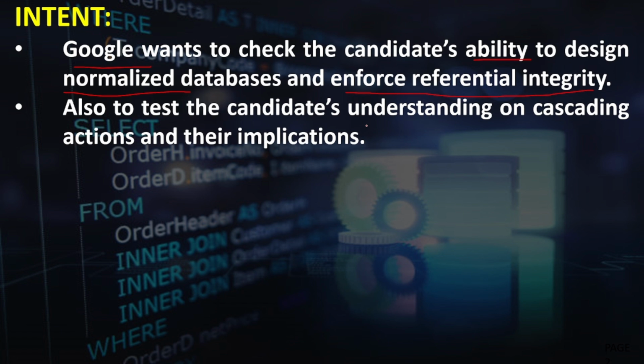If you delete some data from one, and it gets deleted without checking the referential integrity between these two, then you are not maintaining the referential integrity between these tables. This is something the company wanted to understand: whether the candidate is aware of cascading actions or not.